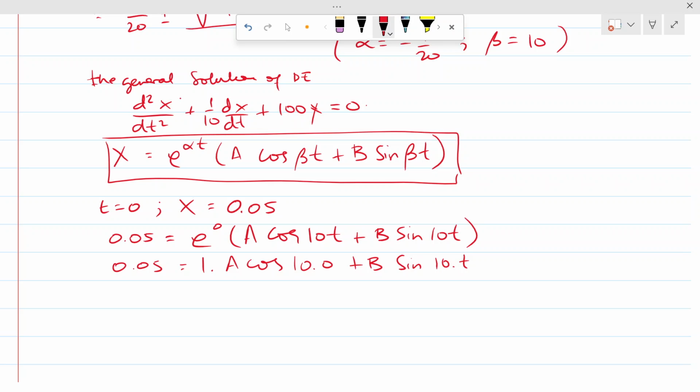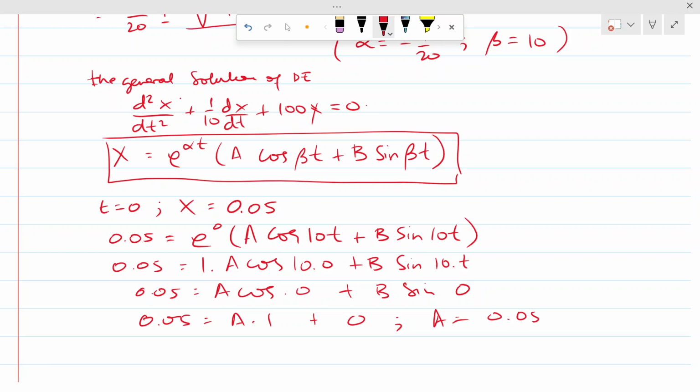Therefore 0.05 equals A cos 0 plus B sin 0. A cos 0 equals A, B times sin 0 is 0, so therefore our A equals 0.05.